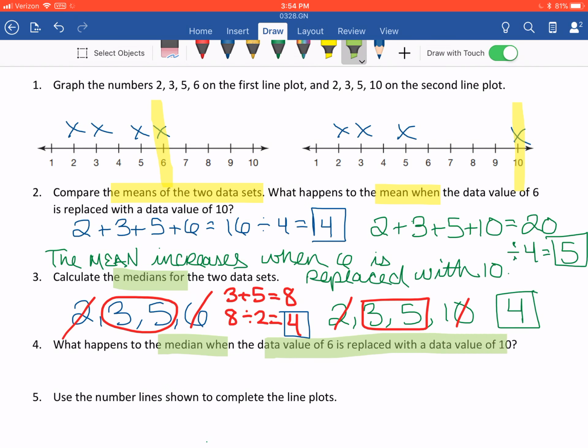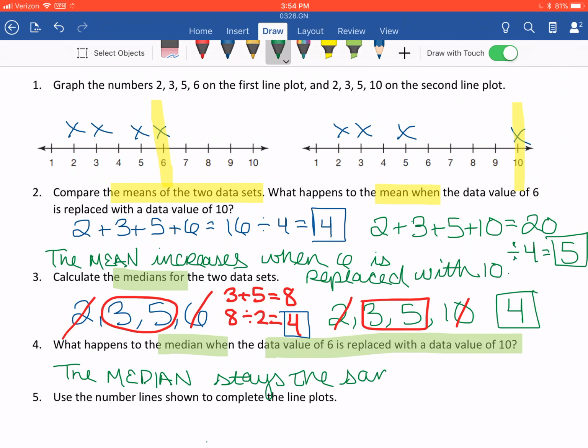Well, it actually didn't change my median at all, which is interesting. So I'm going to put the median stays the same. This should be the end of your page, so moving on to the next page.